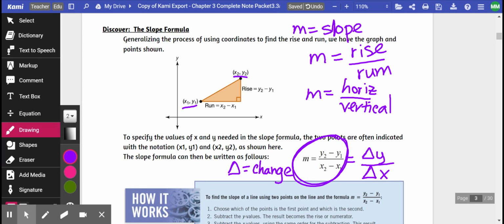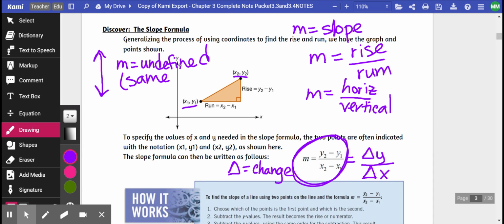One other thing that I want to mention is if you have a vertical line like this, your slope is undefined. And all of your x values are the same. So when you have a vertical line like that, it is the same x values.